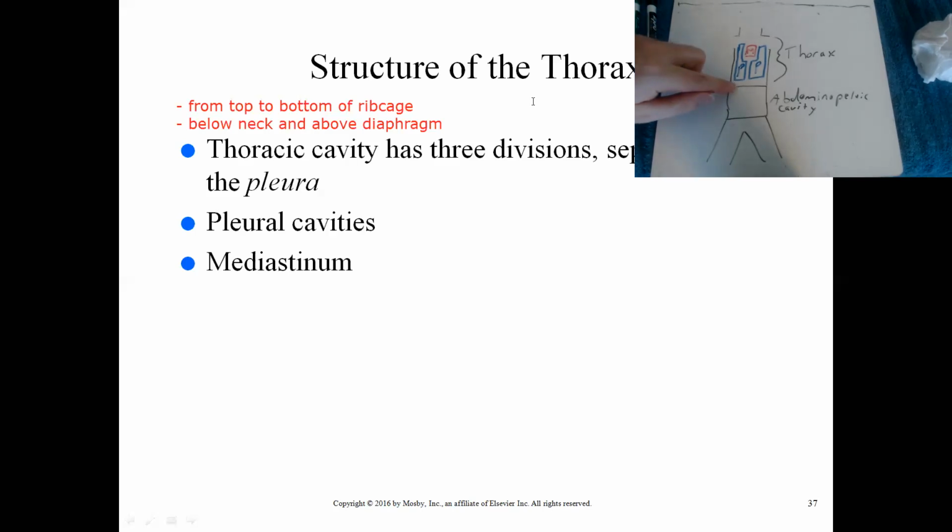The 2 cavities in blue with the P are the pleural cavities. These are the cavities that contain the lungs, the 2 pleural cavities. And the cavity in the middle with the M is the mediastinum. The mediastinum is between the 2 pleural cavities.